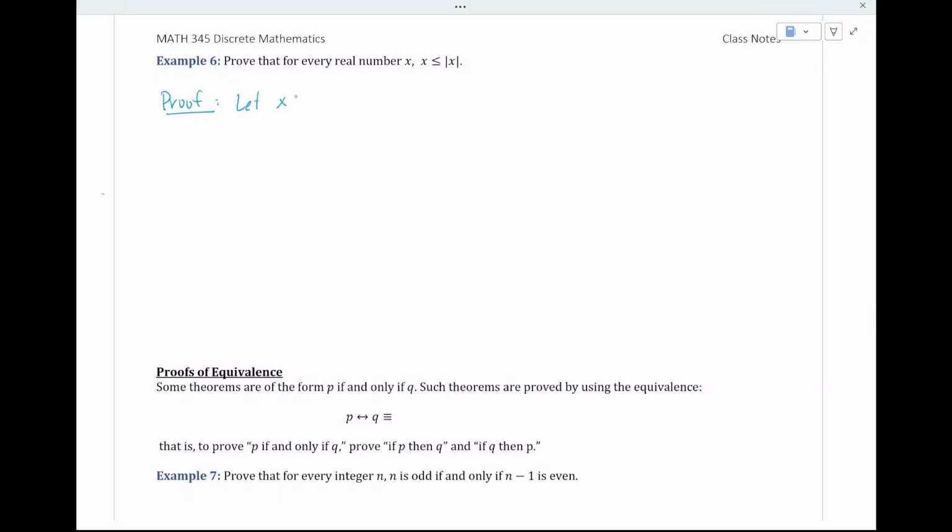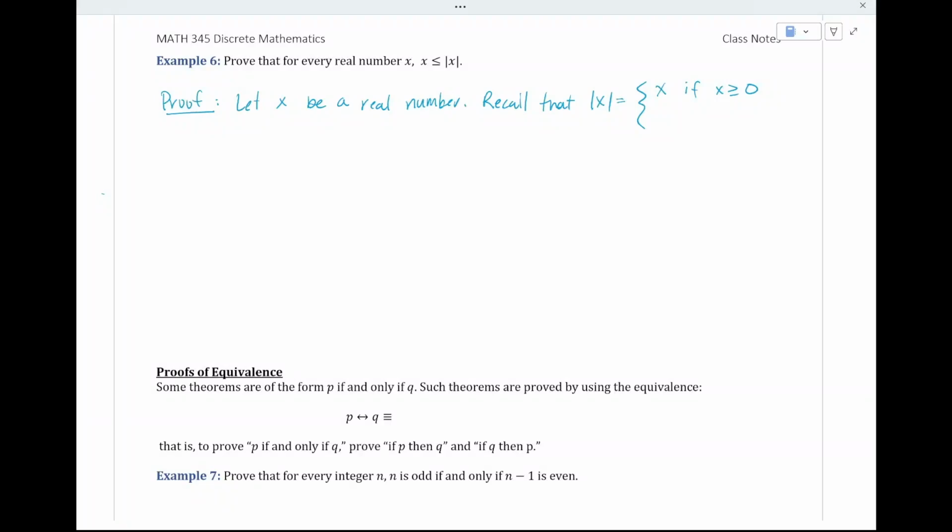Let's let x be a real number. Let's remember some things about the absolute value. So let's do a little recall here. Recall that the square root of x squared is equal to the absolute value of x, which is x if x is greater than or equal to 0. So if x is a positive number or if x is 0, then the absolute value of x doesn't really do anything.